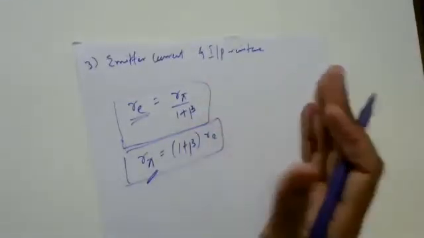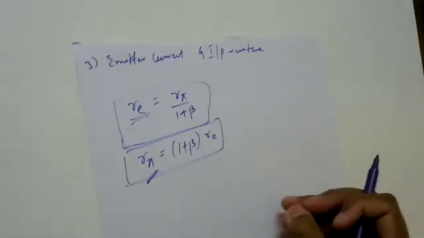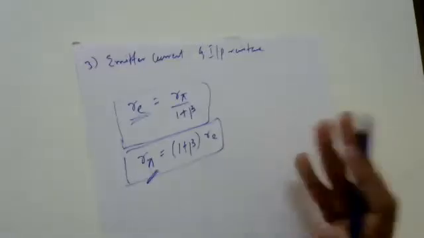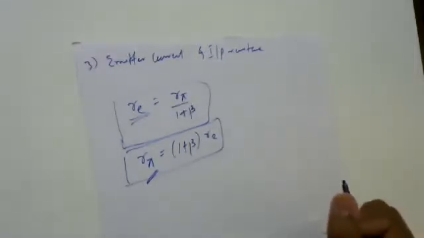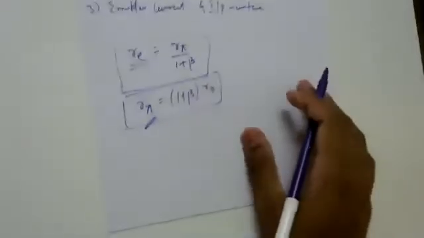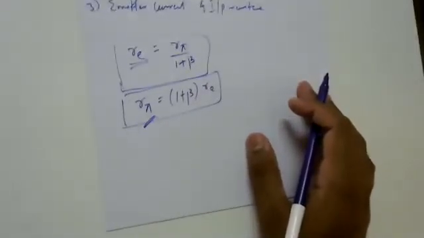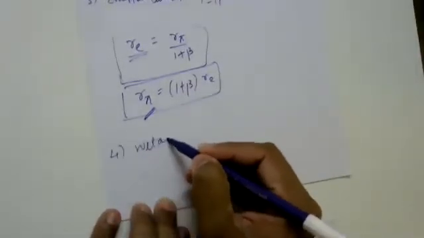We were able to list the equations in one particular list: the equation for gm, the equation for r pi, the equation for re. And at the last, we derived the equation for the voltage gain.